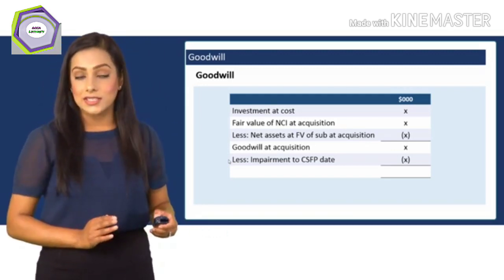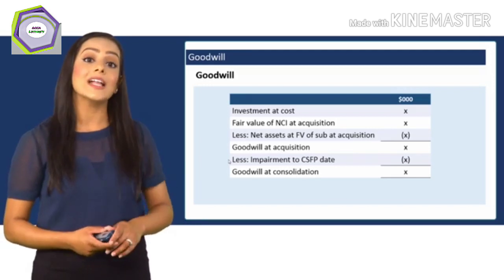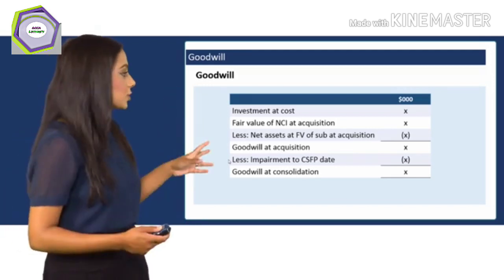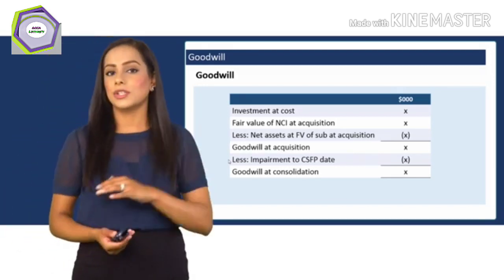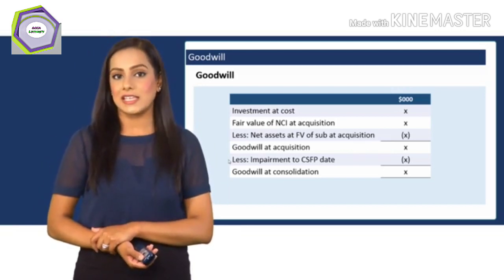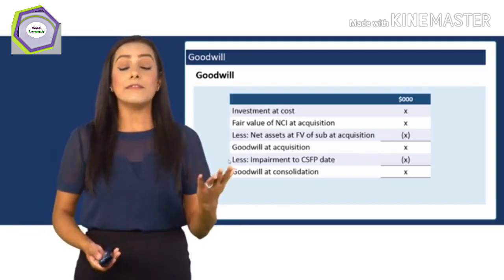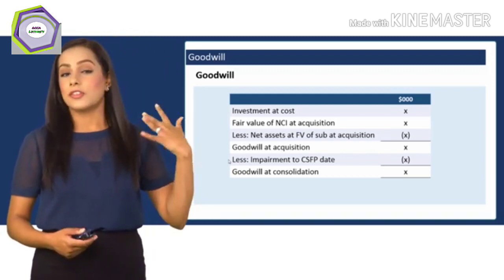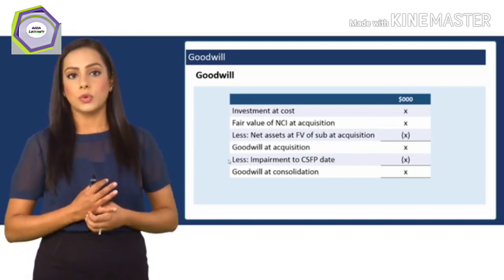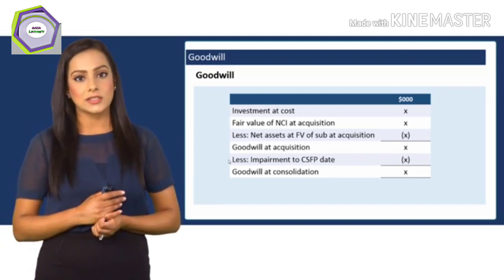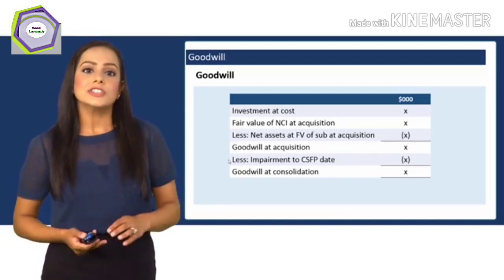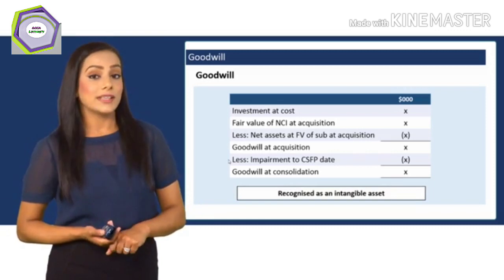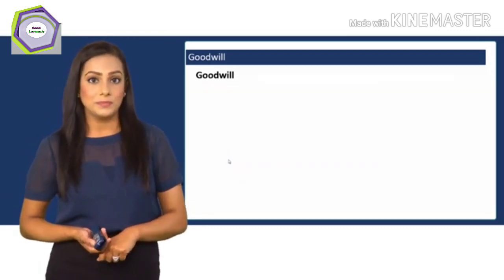And then after deducting that, you will get the goodwill at consolidation. And the goodwill at consolidation, that is what you will put on the face of the SFP. If the subsidiary has suffered no impairment, then therefore the goodwill at acquisition is the goodwill that you will show on the balance sheet. So this is recognized as an intangible.